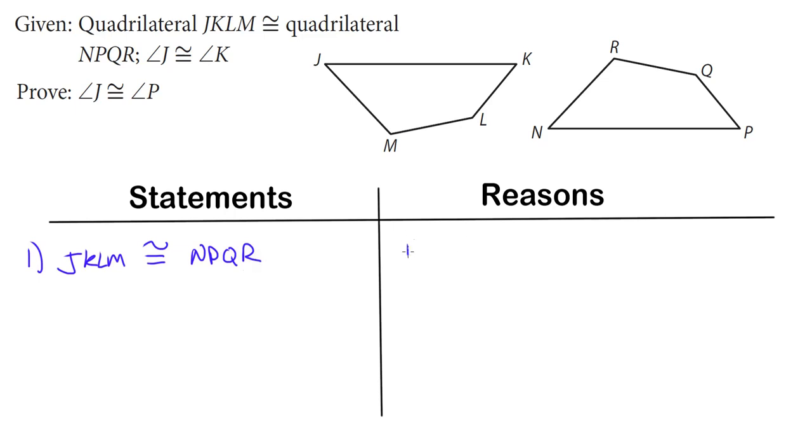And the reason for that is it's given. We have a second given statement that we can put in there, and that is that angle J is congruent to angle K. And that is also given.